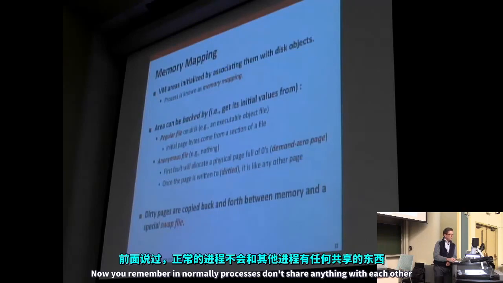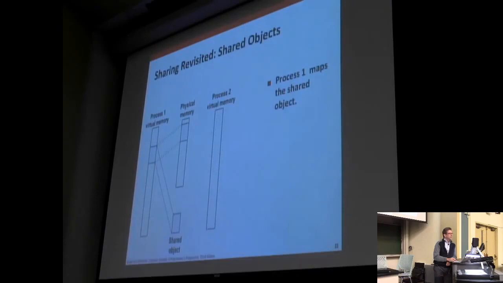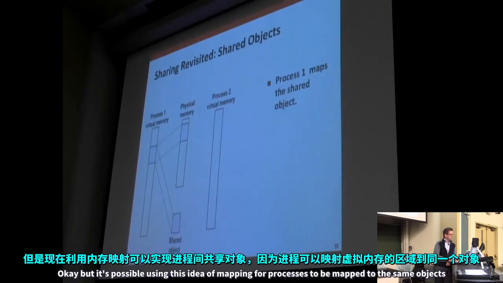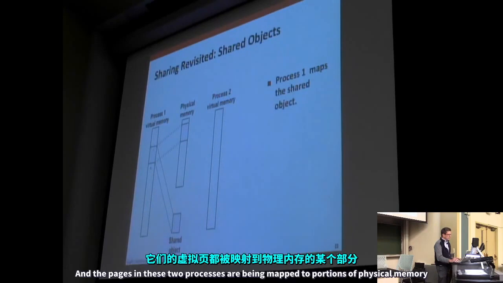Now you remember, normally processes don't share anything with each other. But it's possible, using this idea of mapping, for processes to be mapped to the same objects. So suppose we have two processes with their own separate virtual address spaces, and the pages in these two processes are being mapped to portions of physical memory.